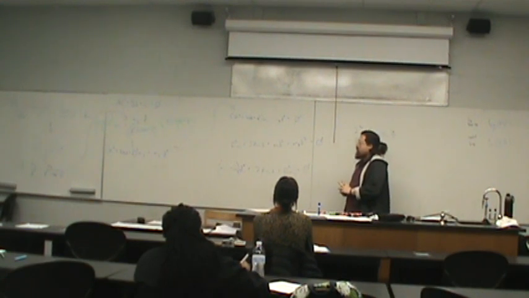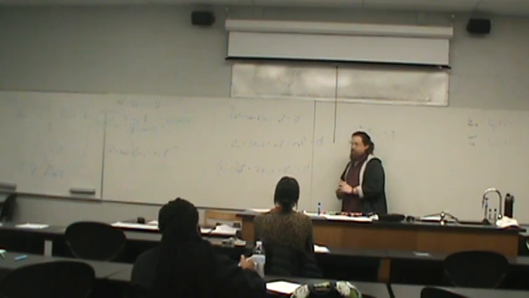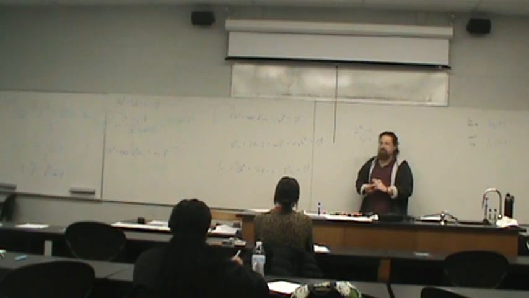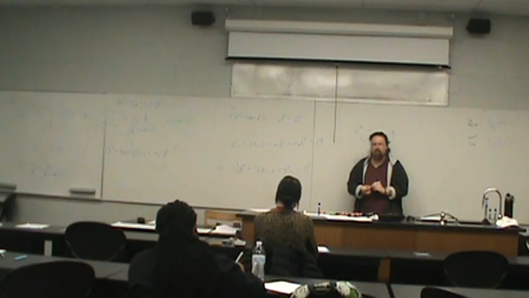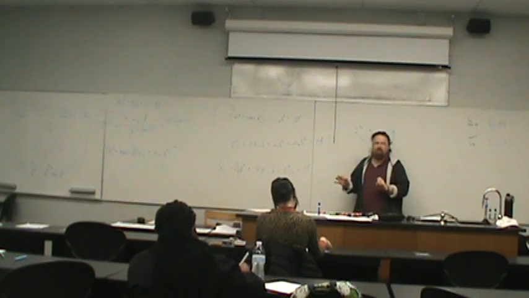Those can combine to open parentheses, m1 minus m3, close parentheses, times d squared. Does anyone not understand that logic?